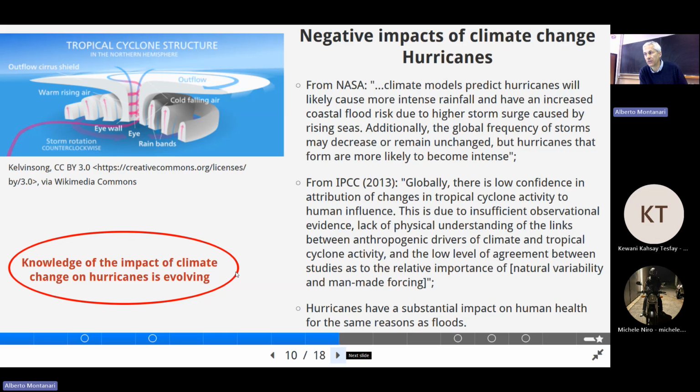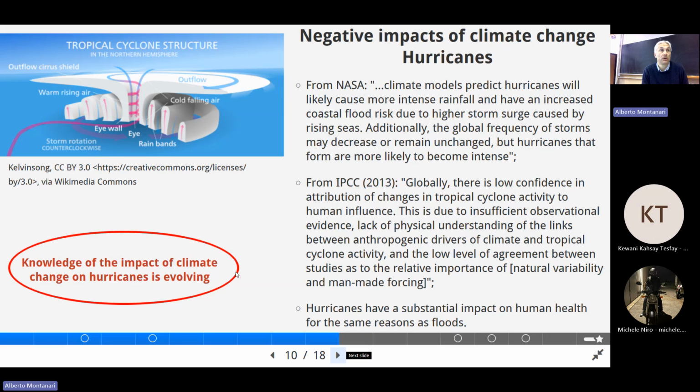This is due to insufficient observational evidence, lack of physical understanding of the links between anthropogenic drivers of climate and tropical cyclone activity, and the low level of agreement between studies as to the relative importance of natural variability and man-made forcing. I think this explains perfectly the overall meaning of the discussion that we had so far. Limited knowledge, limited evidence, etc.